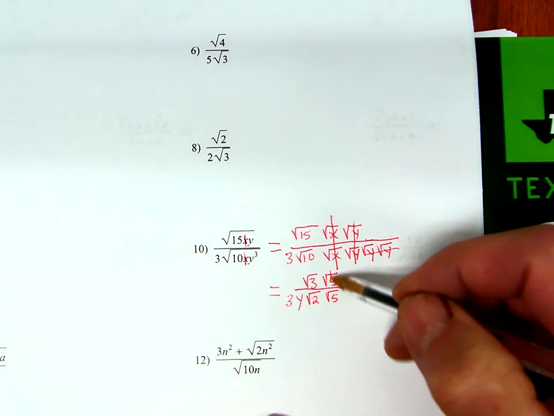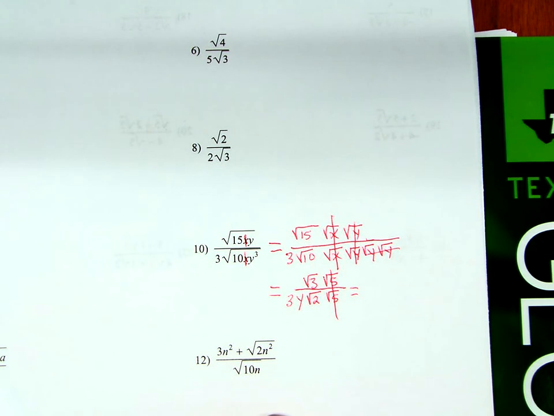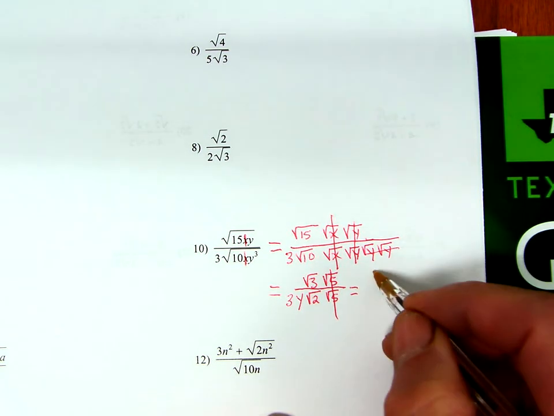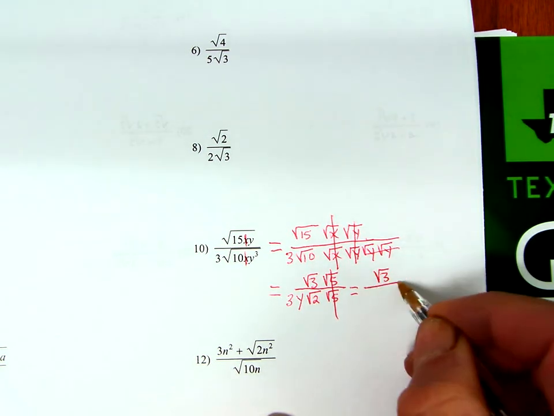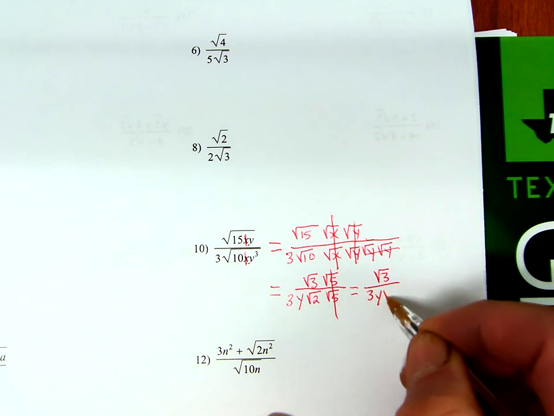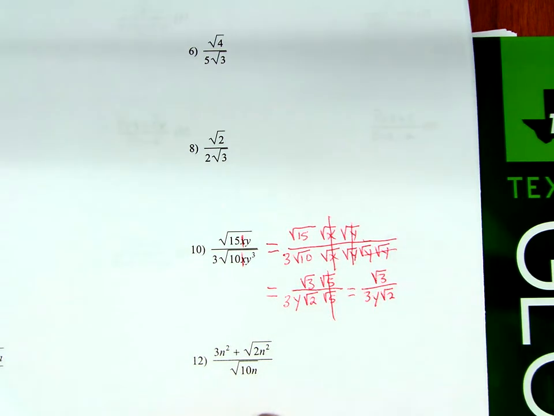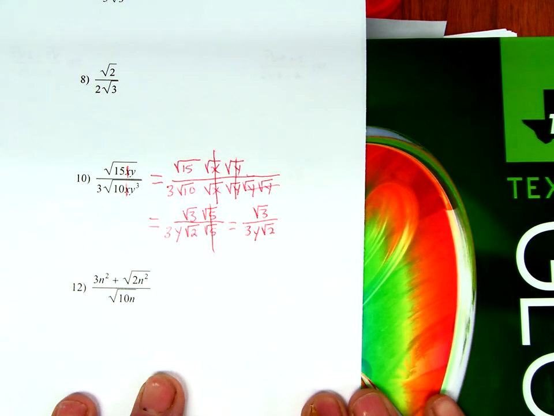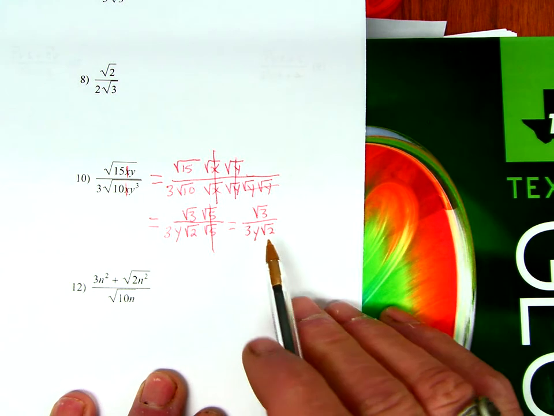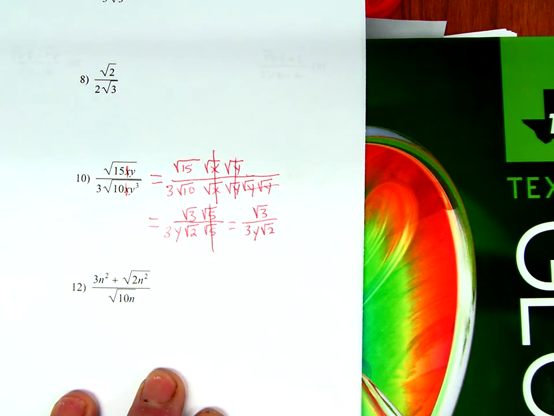And I have something else that cancels out. So now I have square root 3 over 3y square root 2. Beautiful! Except we ended up with a radical on the bottom.